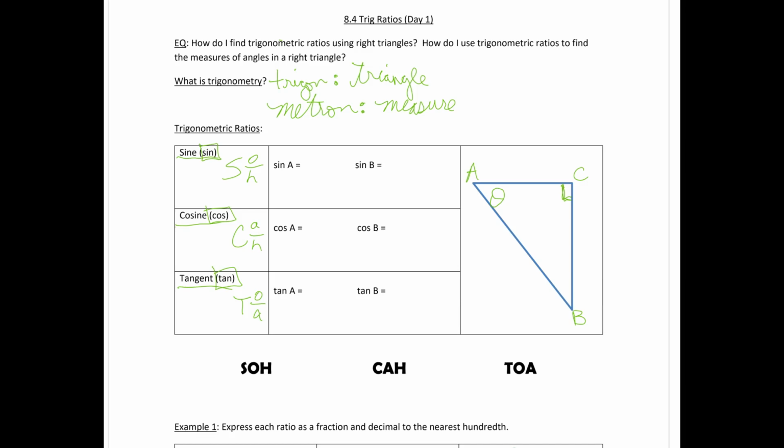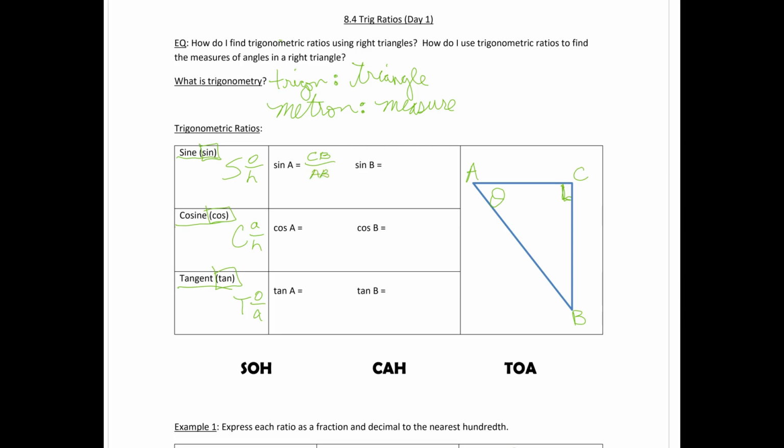And that helps me understand that the ratio for sine of angle A is going to be the opposite, which is side CB, over the hypotenuse, which would be side AB.